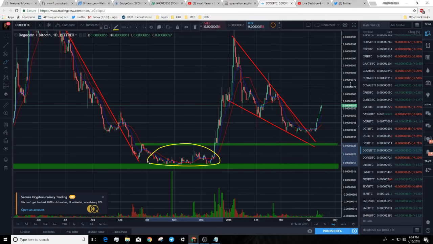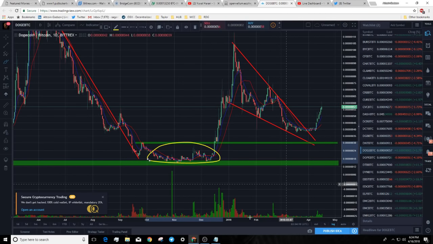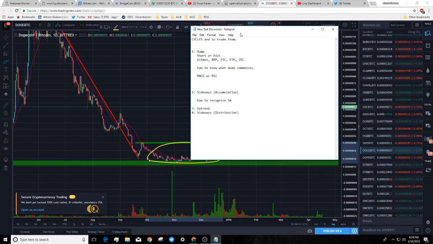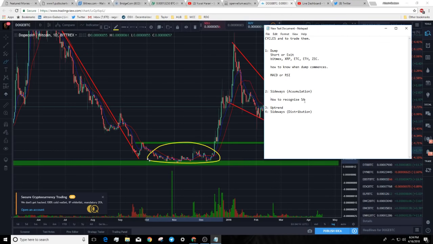But then, how do you know if it's accumulation or distribution? Well, that's where volume comes in, right? Usually during accumulation sideways, the volume bars are very small and mostly green, with the occasional giant volume spike for the lazy whale who doesn't want to take months or whatever.